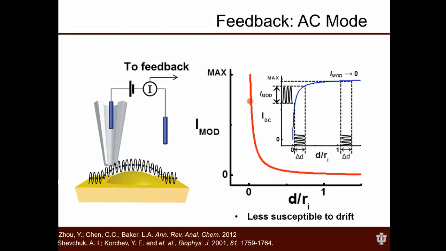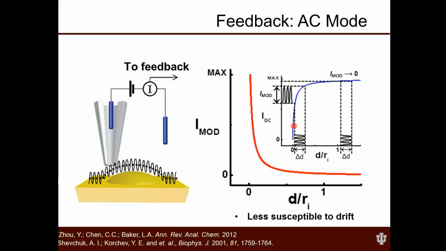So in AC feedback, we're again doing this exact same situation. If you look at the inset, you'll see that there's a probe surface distance and the DC ion current that's measured as a function of that distance, just like for DC feedback. But what we do instead of keeping the tip at a constant position is we oscillate the tip around a distance.